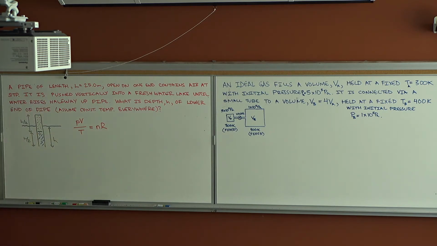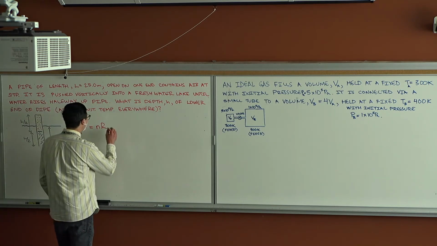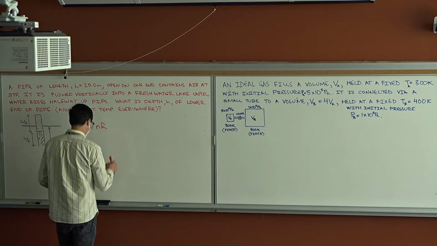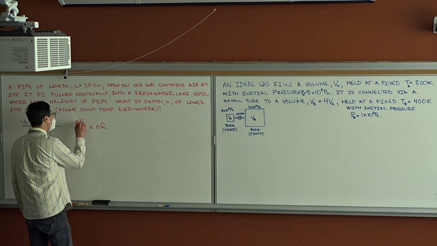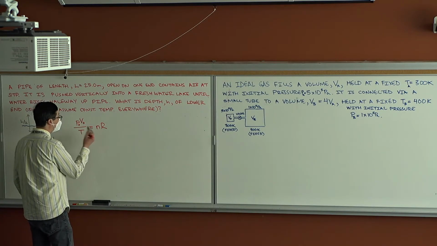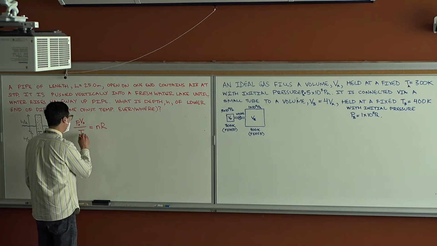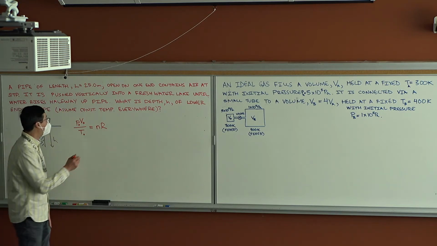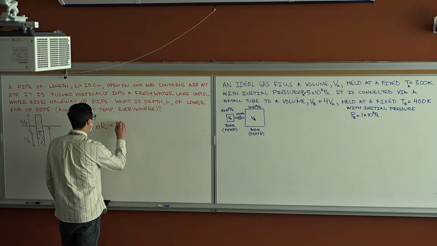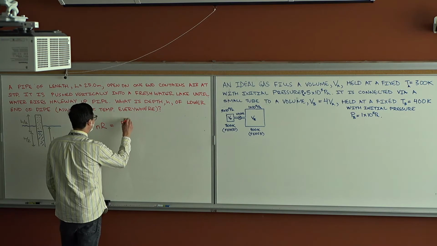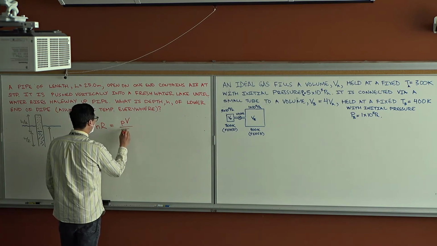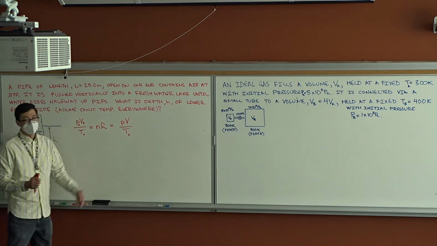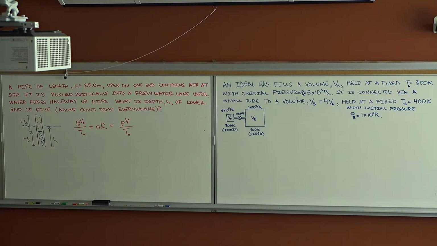And so the number of moles shouldn't change. R won't change. And so treating the air as an ideal gas, P naught V naught over T naught has to equal P later, V later, over T later, but T later is also going to be T naught. Does that kind of work?